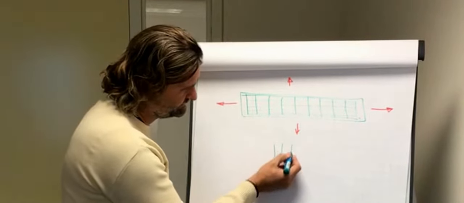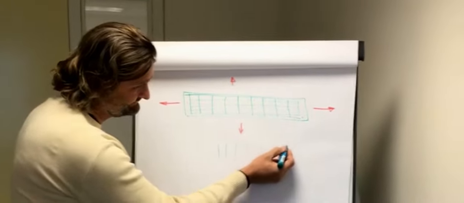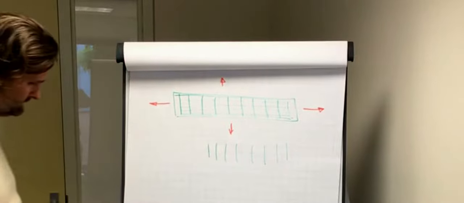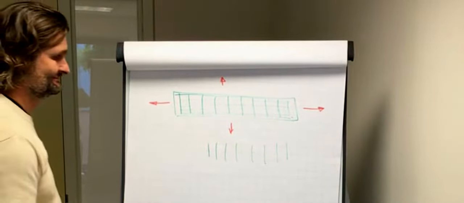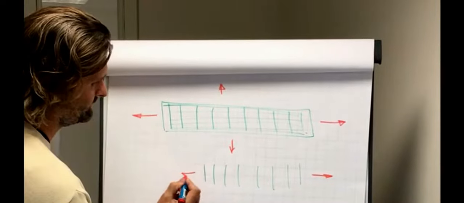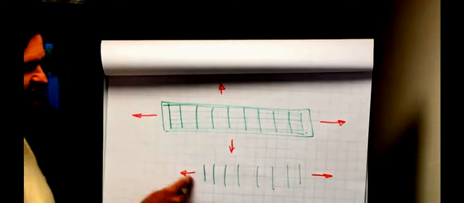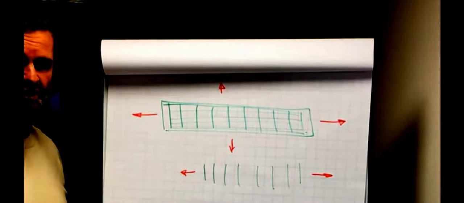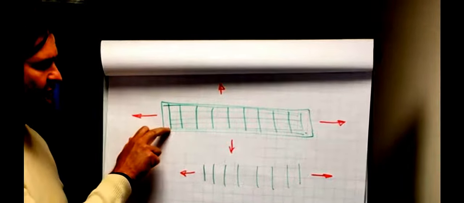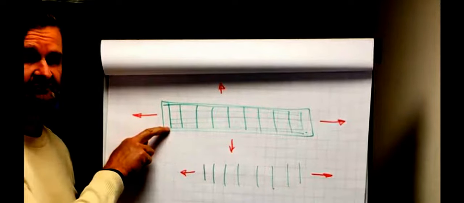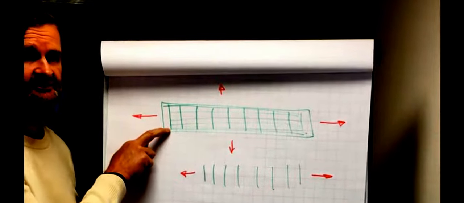I'll draw them out here. What happens here? The deformation of this piece is determined by the stiffness of the horizontal fibers, so the fibers that are in the correct direction.